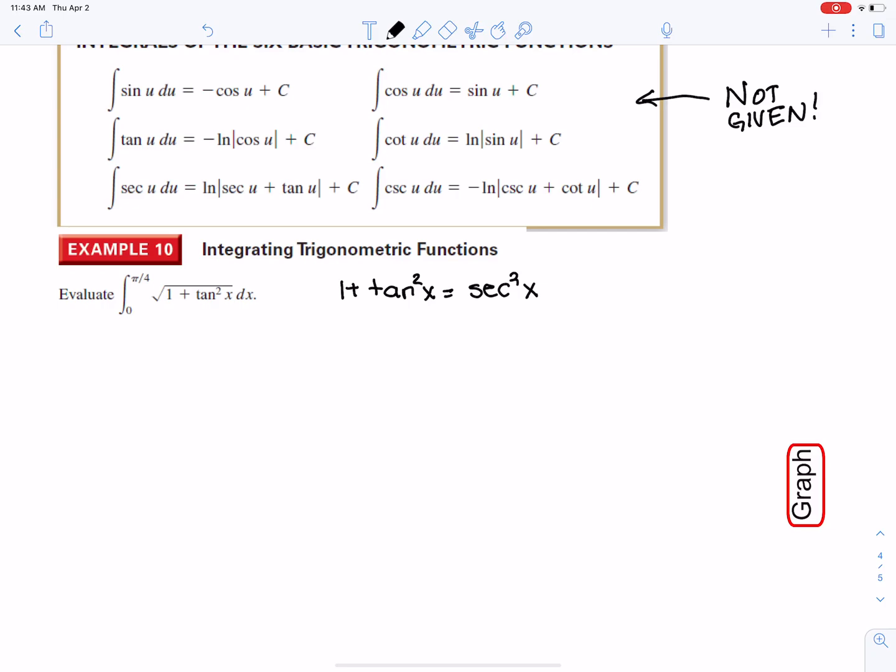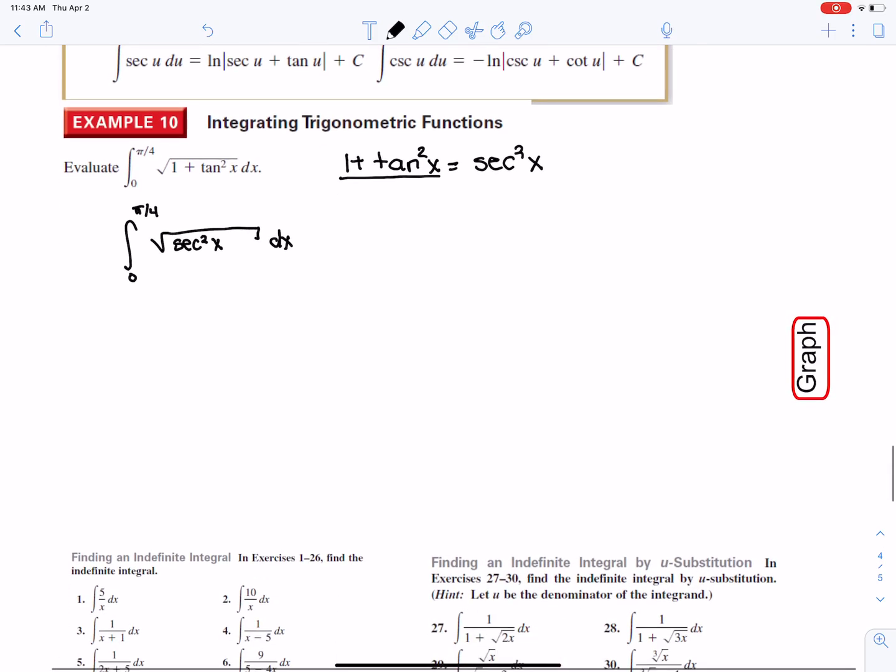Now in this example, I wrote down an identity here, which I always forget. 1 plus tan squared x is sec squared x. So you'll notice that this question requires me to simplify this function a bit. The integral of the square root of 1 plus tan squared x dx, I'm going to replace that using the identity.